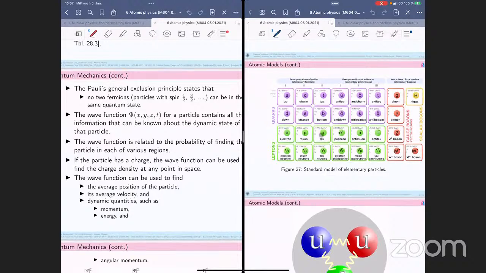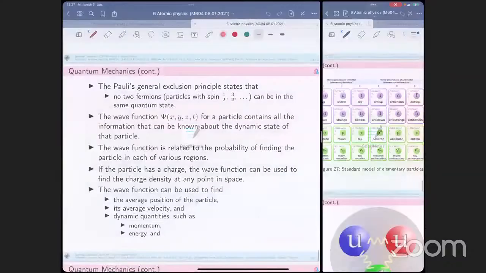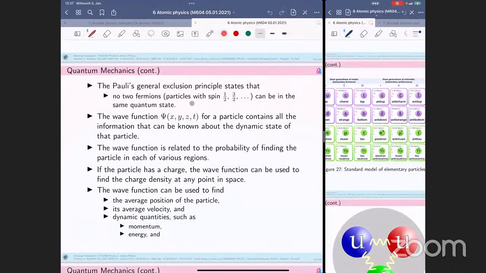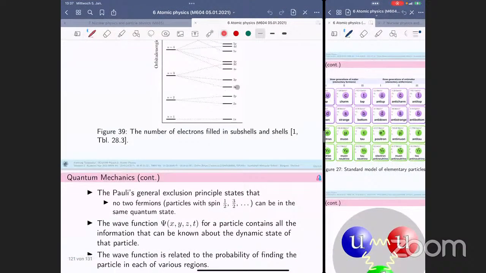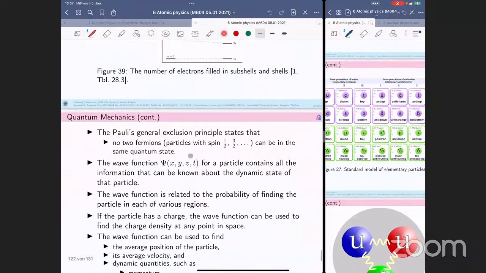The principle says that two fermions, whether up or down quarks or any type of fermion that has spin 1/2 or 3/2, cannot be in the same quantum state. Here each layer is a quantum state, and the fermions, whether in the violet or the green part of the table, will not have the same quantum state.